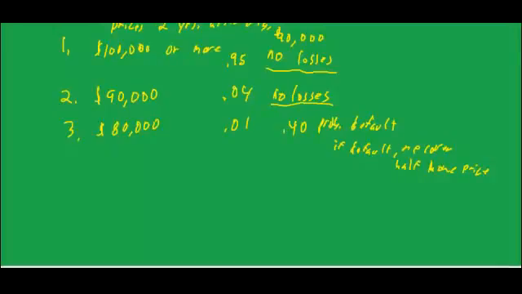Alright, so now we can do the arithmetic and find the expected default costs, which, since in 99% of cases we have no default costs, so we have a 1% chance of losing times only a 40% chance. That is a 1% chance that we'll be in the scenario, and in the scenario only a 40% chance that the borrower will default. And then we have to multiply that by the loss. So how much are we going to lose? If we get half of the home price, and the home price is $80,000, we're going to get $40,000 back.